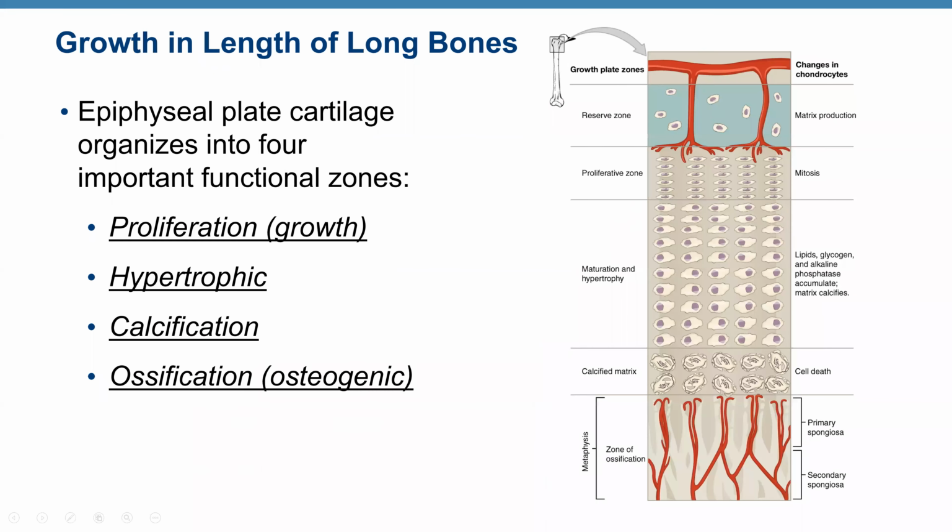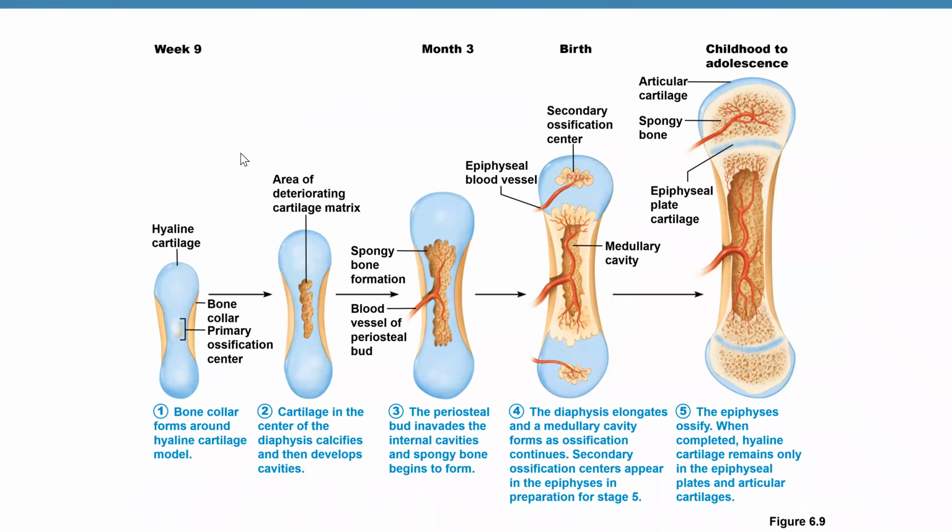Because look, if we go back over here, if we have cartilage that divides right there, and it divides over here, and then it's replaced by bone, the bone is getting longer. So you divide here and you grow longer, you divide over here and you grow longer.